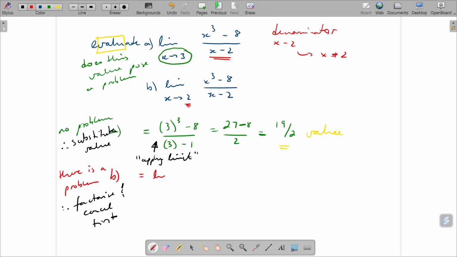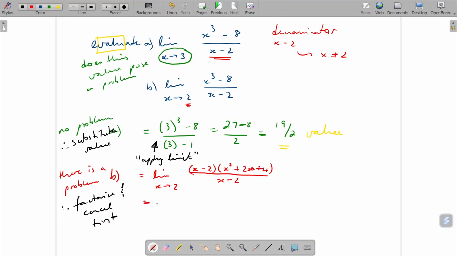So what I have is the limit as x tends to 2, because we got the problem value of x minus 2, we are going to factorize the top, which is a difference of cubes, x squared plus 2x plus 4 over x minus 2.